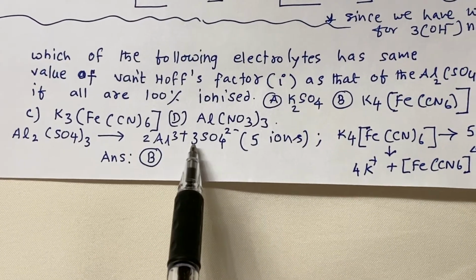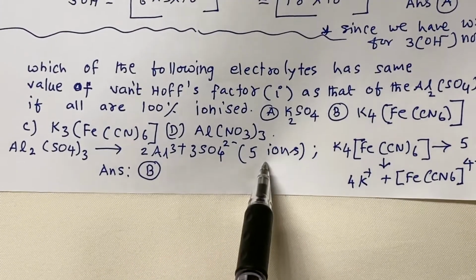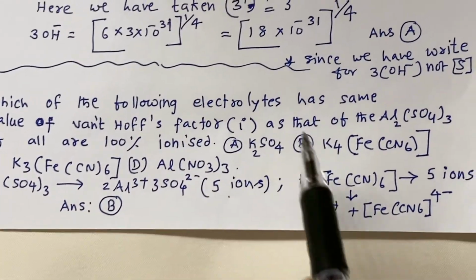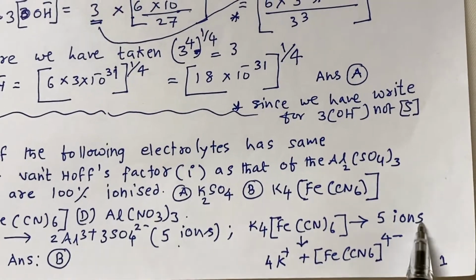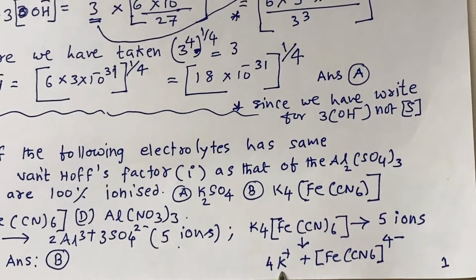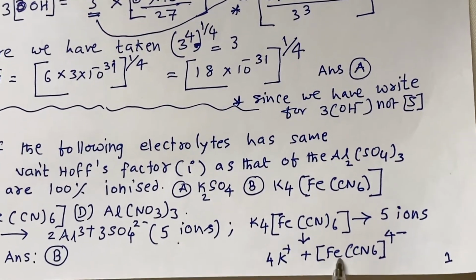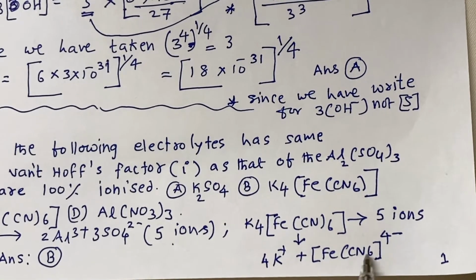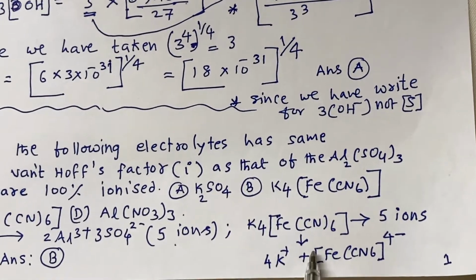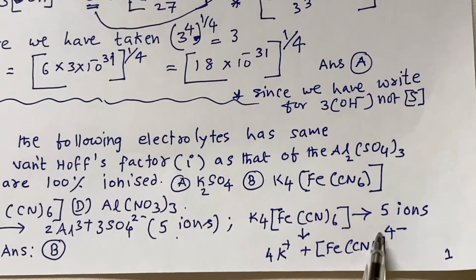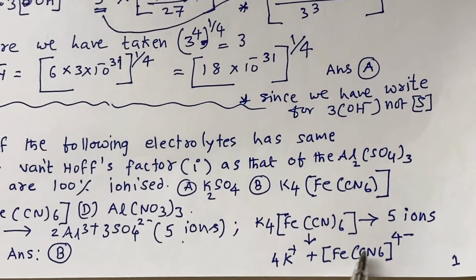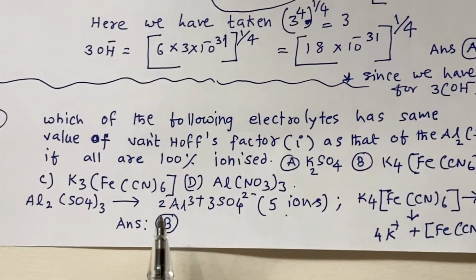So total here 5 ions are forming. So from the above options, only K4[Fe(CN)6] is forming 5 ions, that is 4 K plus ions and 1 [Fe(CN)6] ion. Because it's a complex salt, it will not dissociate into individual ions, it will be forming only 1 ion. So total 5 ions are coming. So answer is B.